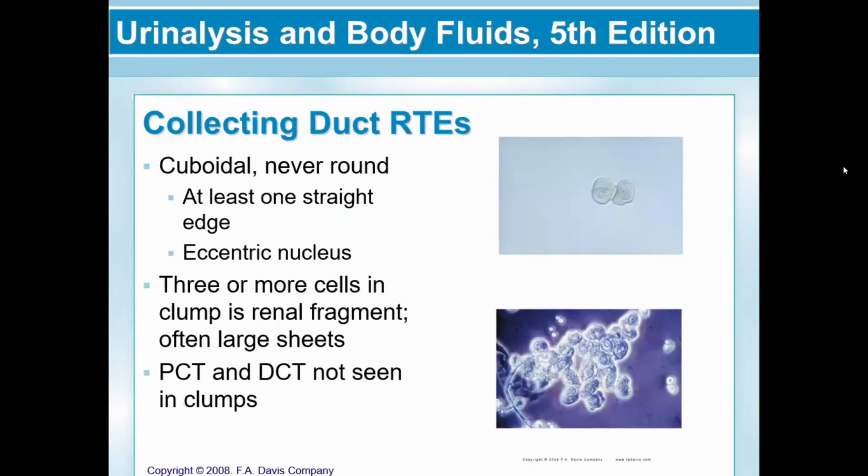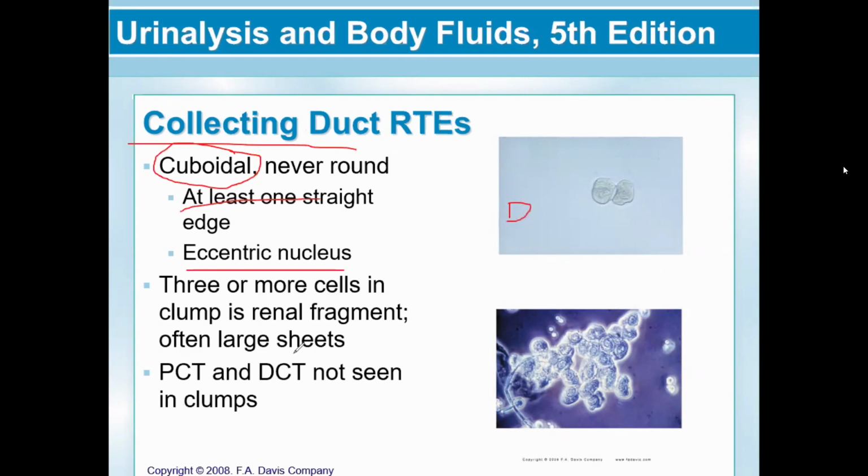Okay, so next we have our collecting duct RTEs. These are your renal tubular epithelial cells na formed sa collecting duct natin. They're cuboidal and they're never round and has at least one straight edge. So pwedeng ganyan yung itsura nila. They have eccentric nucleus just like other RTEs.